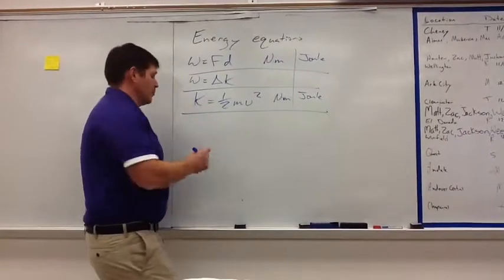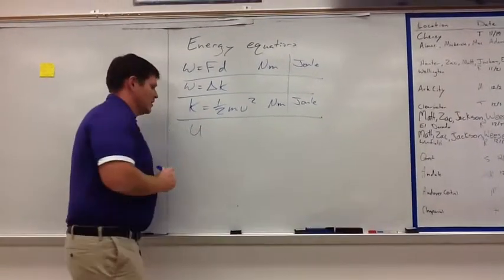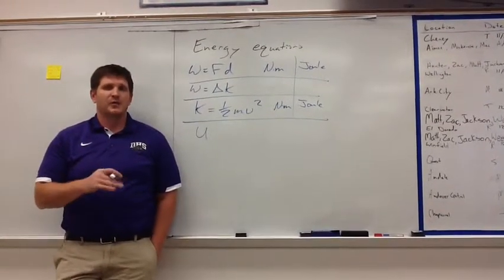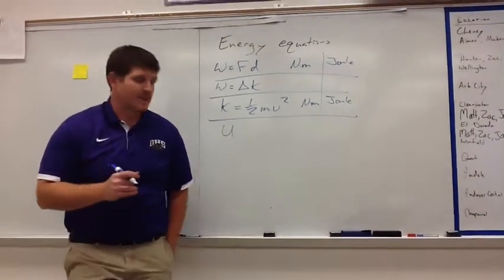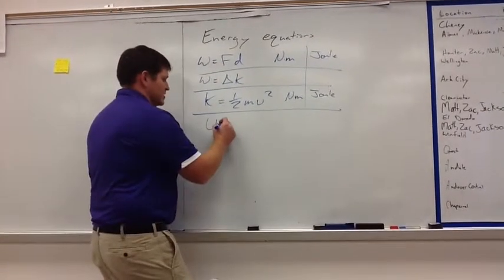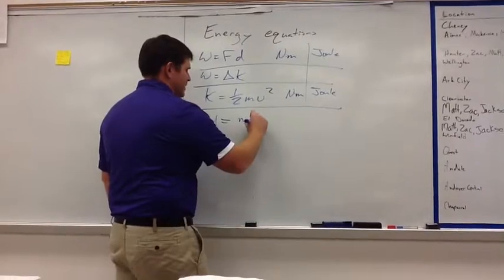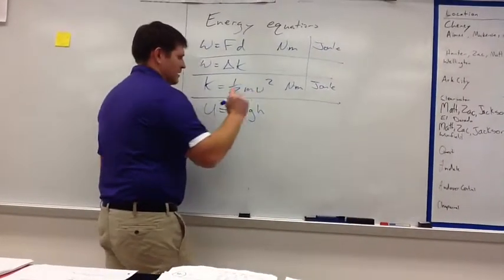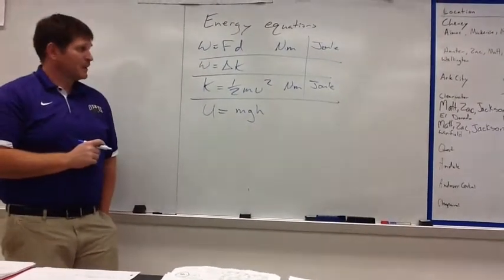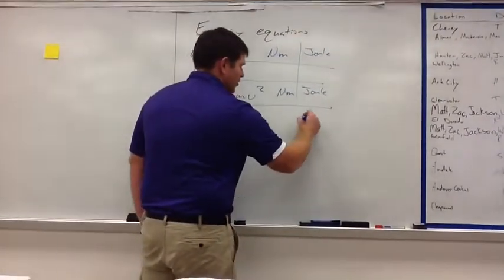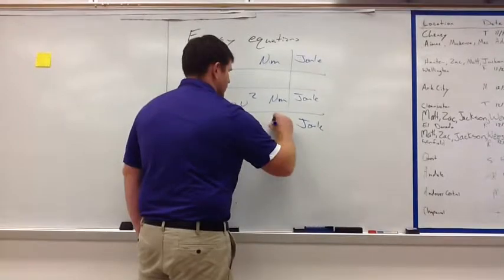We team that up with potential energy, which we write as the big old U. Remember, we already used P. P went with momentum. But our next equation is going to be that potential energy, U equals mass times gravity times height. Also in Newton meters or joules.